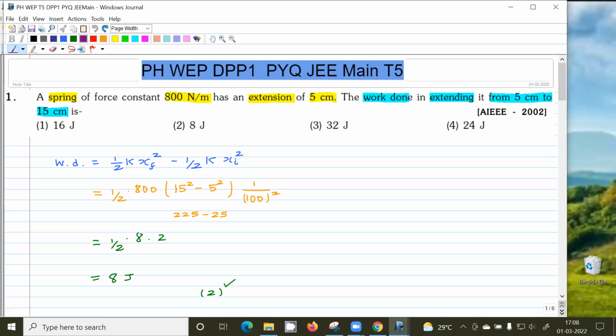No, sir, I am getting 160 Joule. Initial energy is half k x square. So 225 minus 25 is 200, right? So half k into 200. Oh, the force constant value.